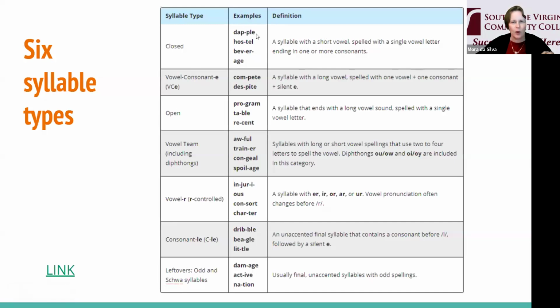So in dapple, what is your consonant vowel consonant? It is dap, right? That's your closed syllable, and that A is short, okay? Hostile, hostel. Here you have two closed syllables. You have one here, H-O-S, and you have one here, T-E-L.